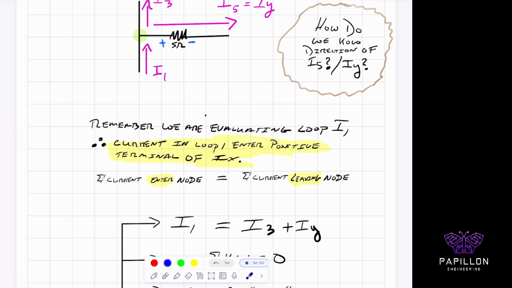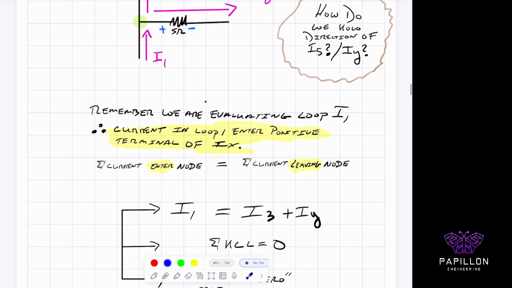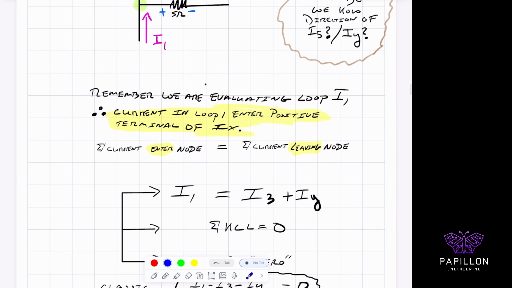Why again? Because if I'm evaluating loop 3, which we're not, we're doing KVL for loop 1 only. Because we're doing KVL for loop 1 only, we go clockwise and we're entering the positive. Therefore, I5 is definitely going to go out of this particular node.